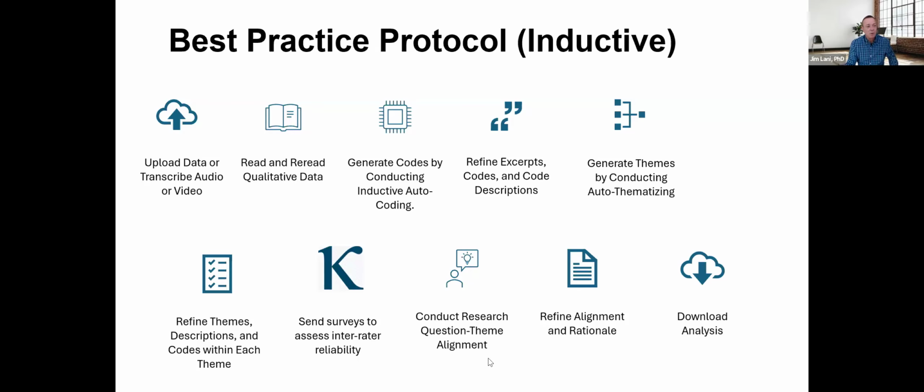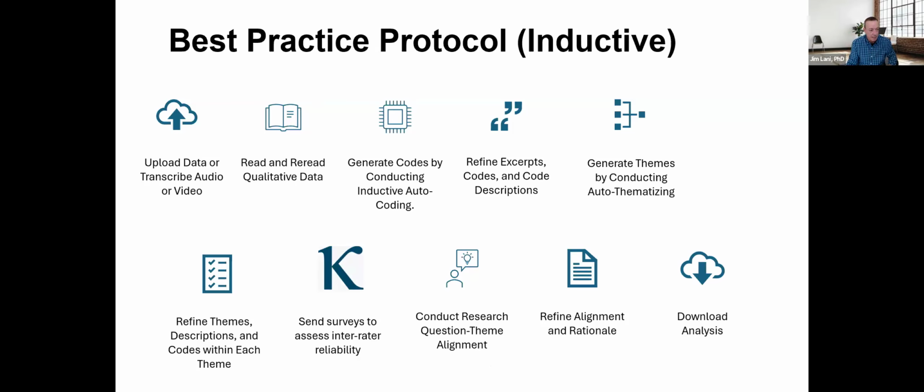The next step is the research question theme rationale. Now that you have these themes, how do they help address the research questions you have? That section aligns the research question and the theme, and then provides a rationale for your consideration.